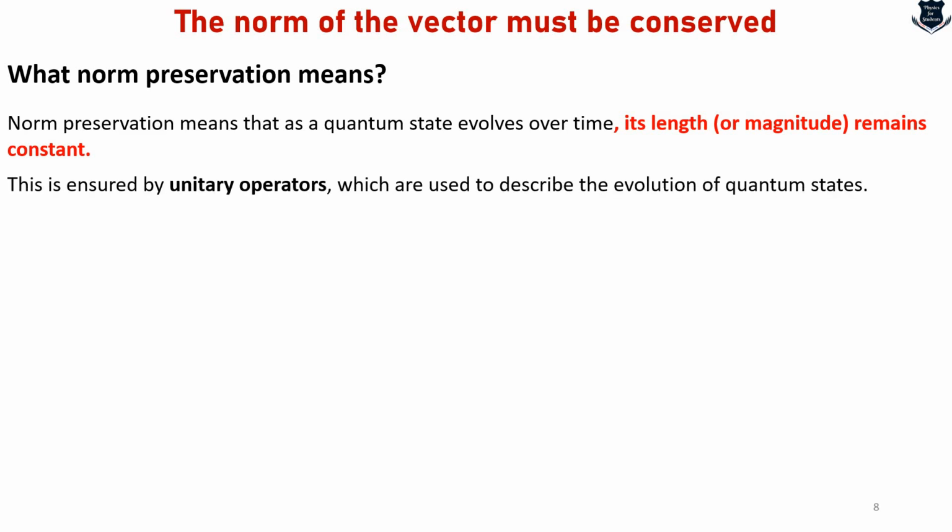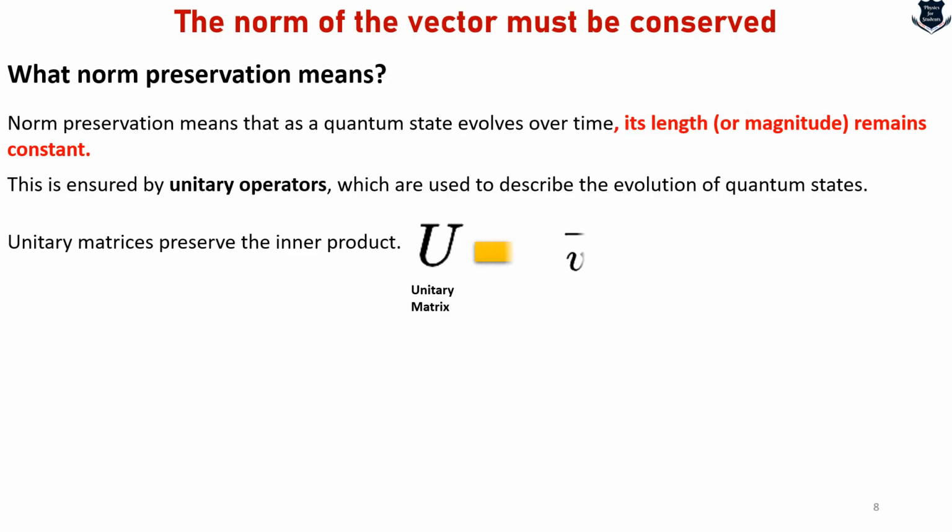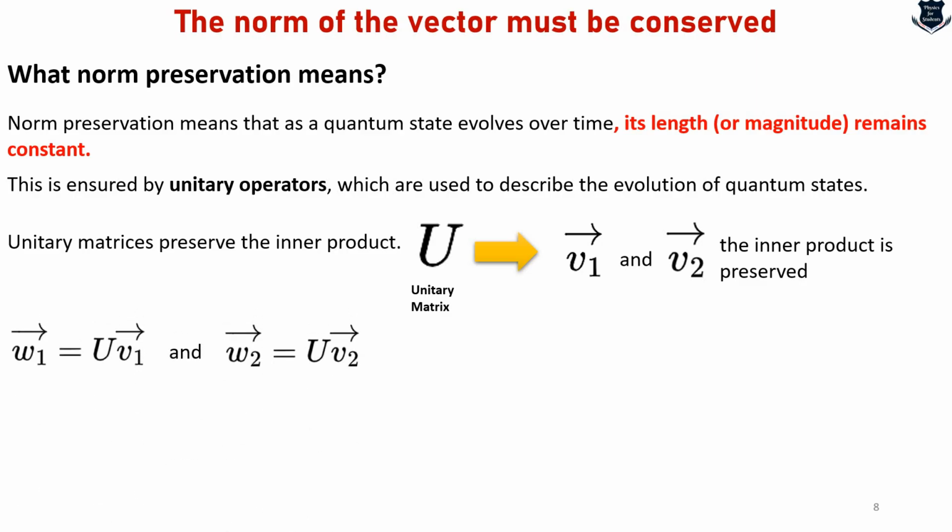And remember, this is also what is ensured by unitary operators. I will show you certain examples. Also, unitary matrices actually preserve the inner product. So if I take a unitary matrix U and apply it on vectors V1 and V2, then the inner product is preserved, which means UV1 dot UV2 equals V1 dot V2.